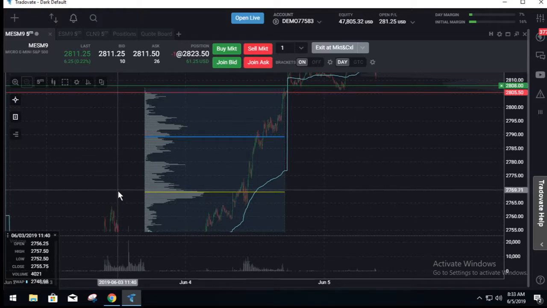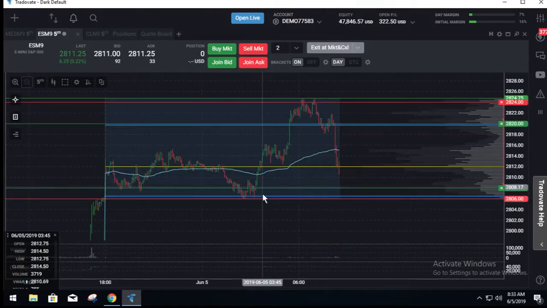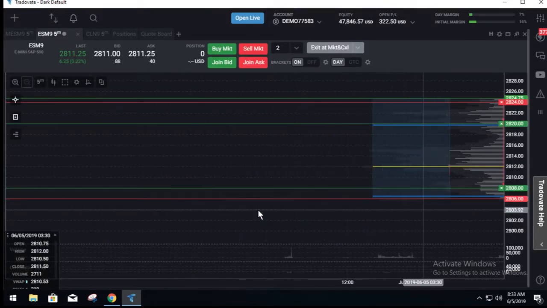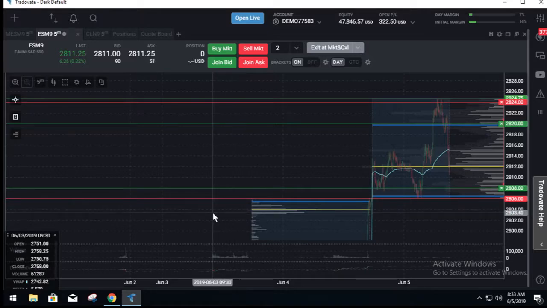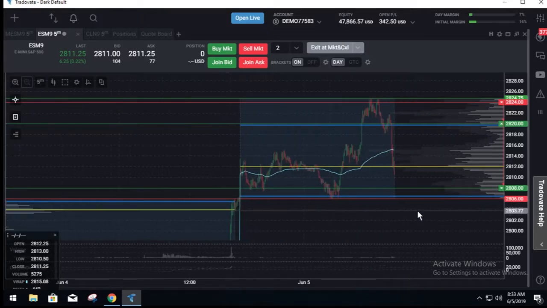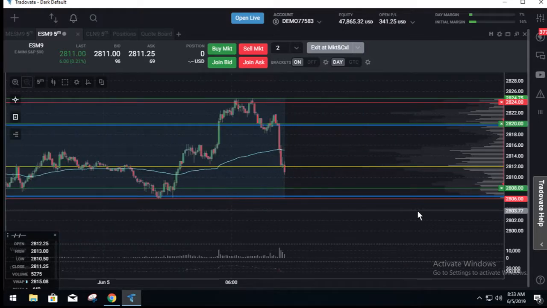You can see the MES point of control is really the ES point of control, the difference in it. So you always use your ES point of control. Don't really study values and value areas on the MES. You do your homework on the ES, which is the major contract.